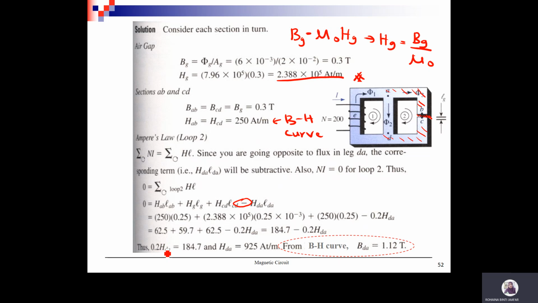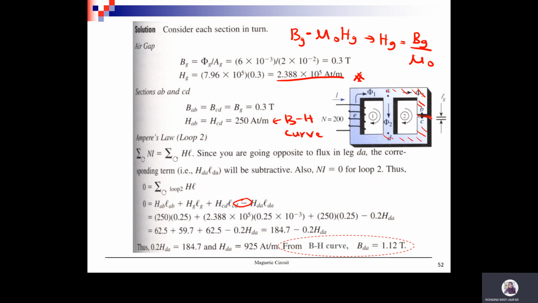So thus 0.2 HDA equals 184.7. Okay, so from this one, HDA equals 925 ampere turn per meter. You already have the value of H. Before this, from B you can find H from the BH curve.